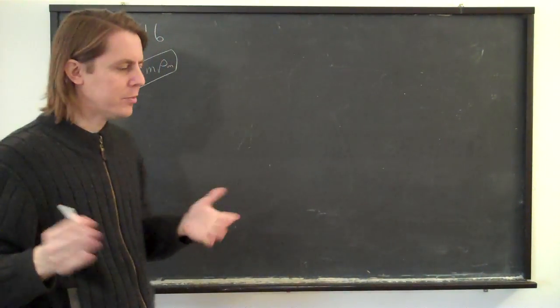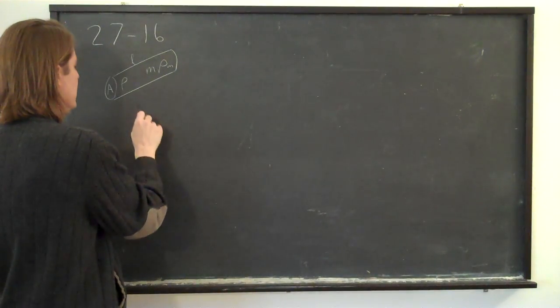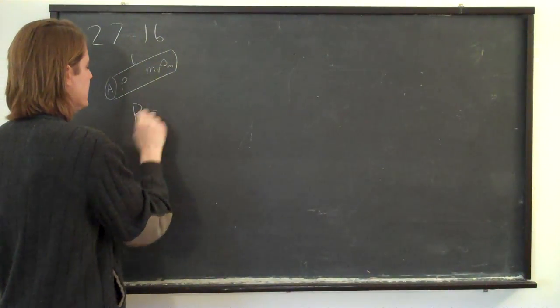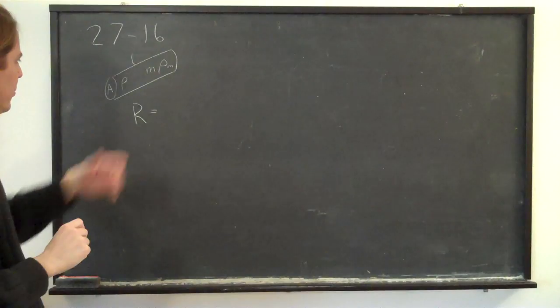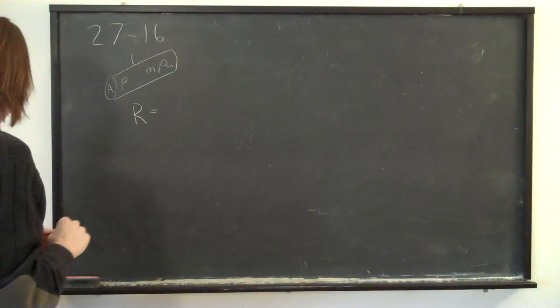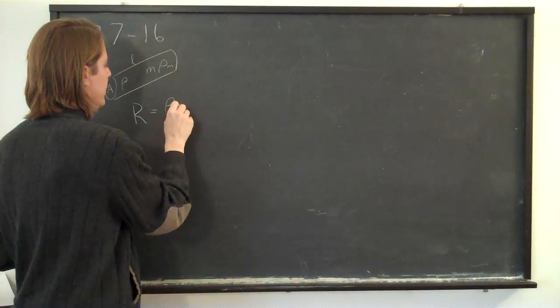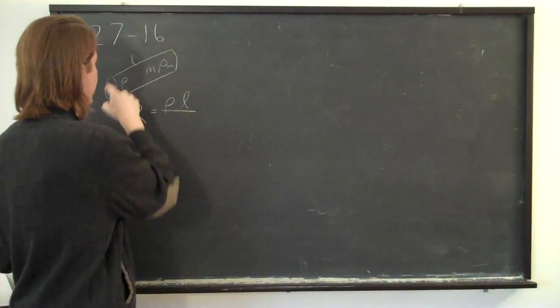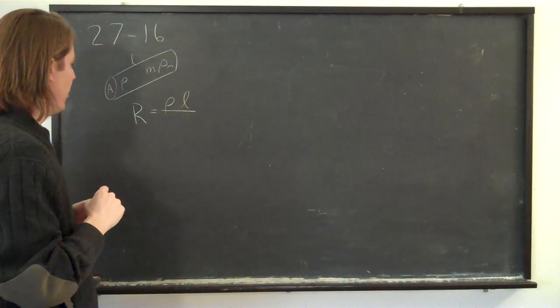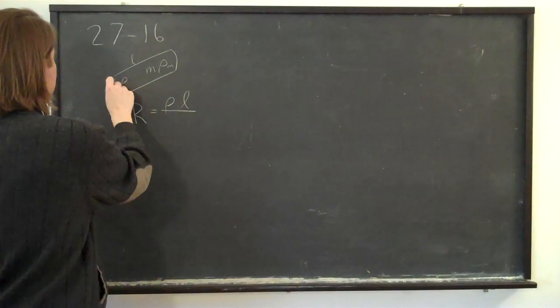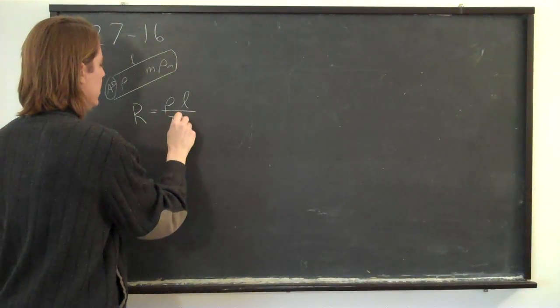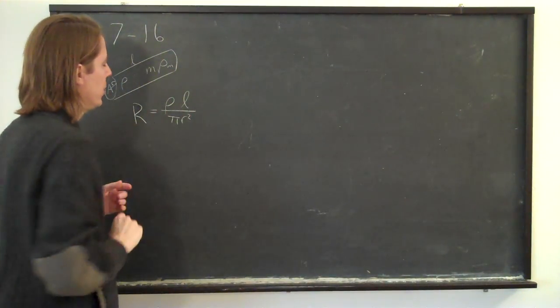We need two equations. So one that we're clearly going to use is that the resistance that we're going for, we want this wire to have some resistance, always equals rho times the length over the area. But we're going to go ahead and write the area in terms of the radius, pi r squared.